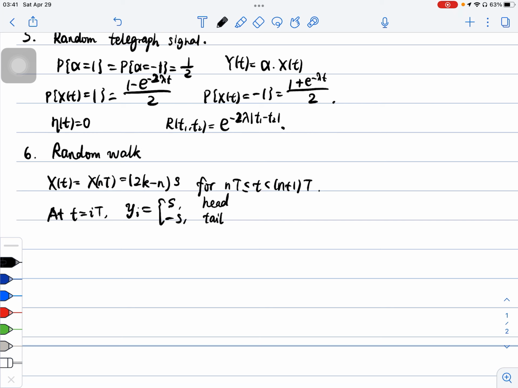The probability masses should be the probability of 2k minus n equals r, which is this.